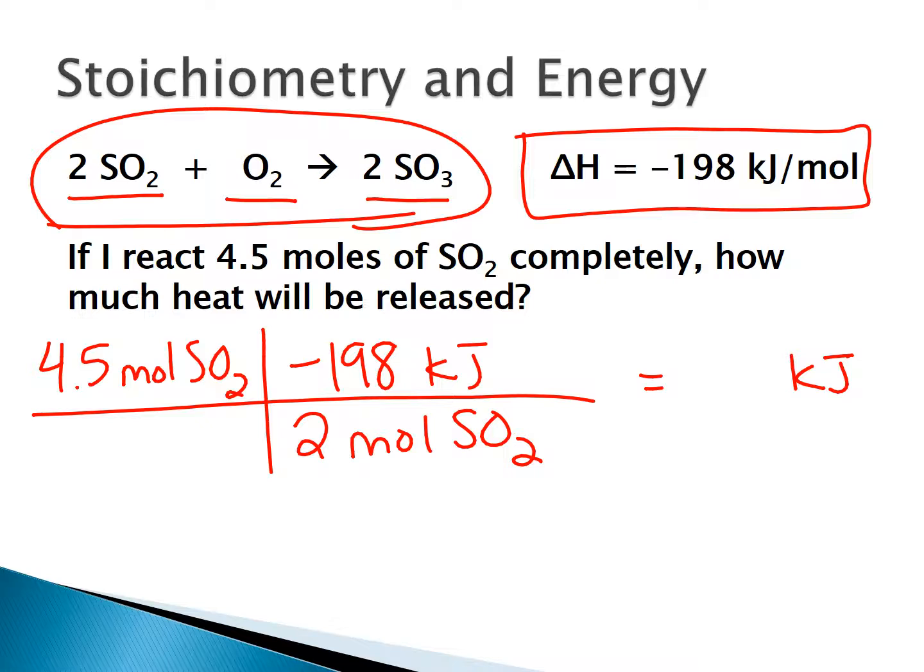Now I can write that with a negative sign like that, or I could say that negative sign in words, right? I could say 198 kilojoules are released. When I calculate that, my calculator gives me negative 445.5 kilojoules. For significant digits, I will round to negative 450 kilojoules. Okay?